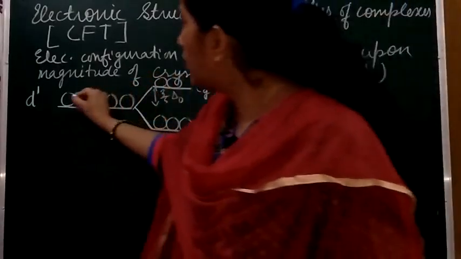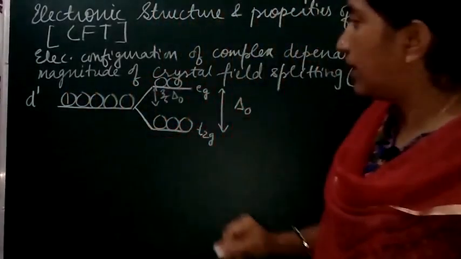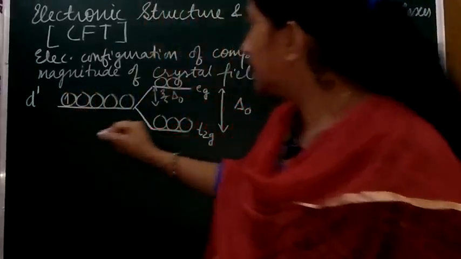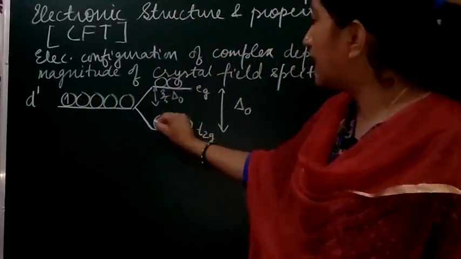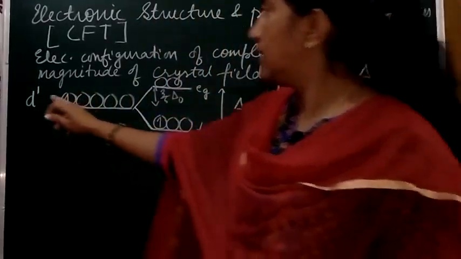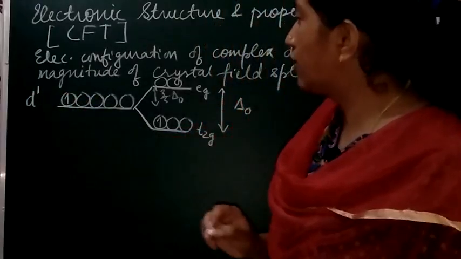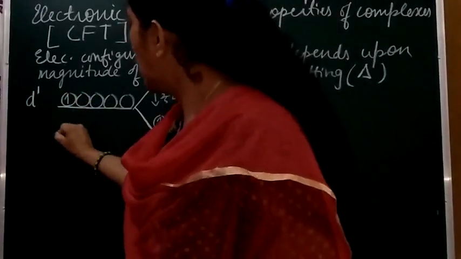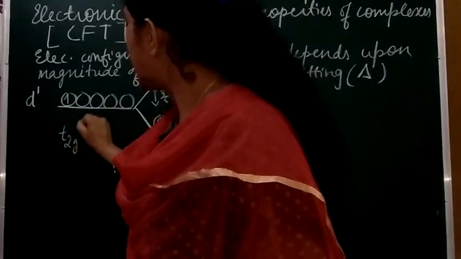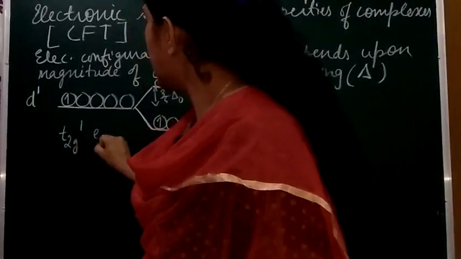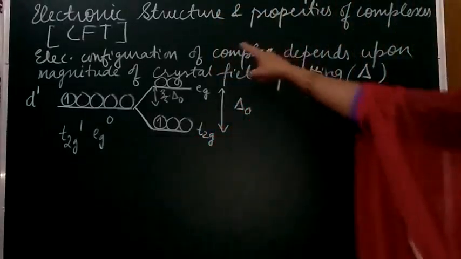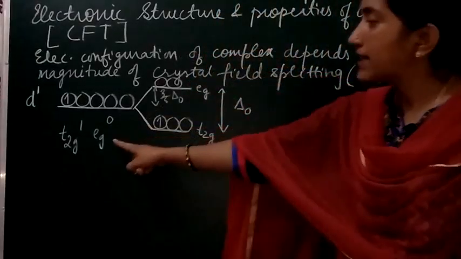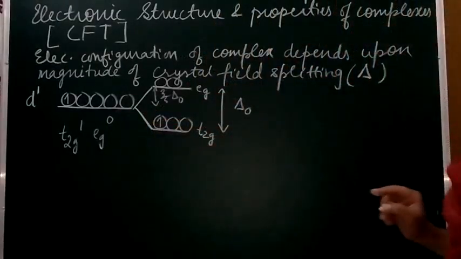When we have only one electron in the d orbital, it will first occupy the lower energy. So for d1, the electronic configuration of the metal ion, and that of the complex, will be written as t2g1 eg0.